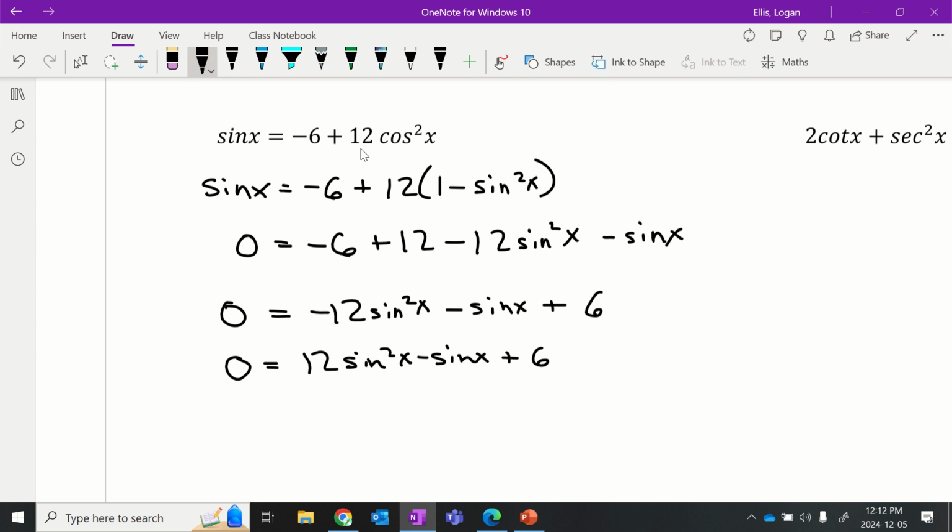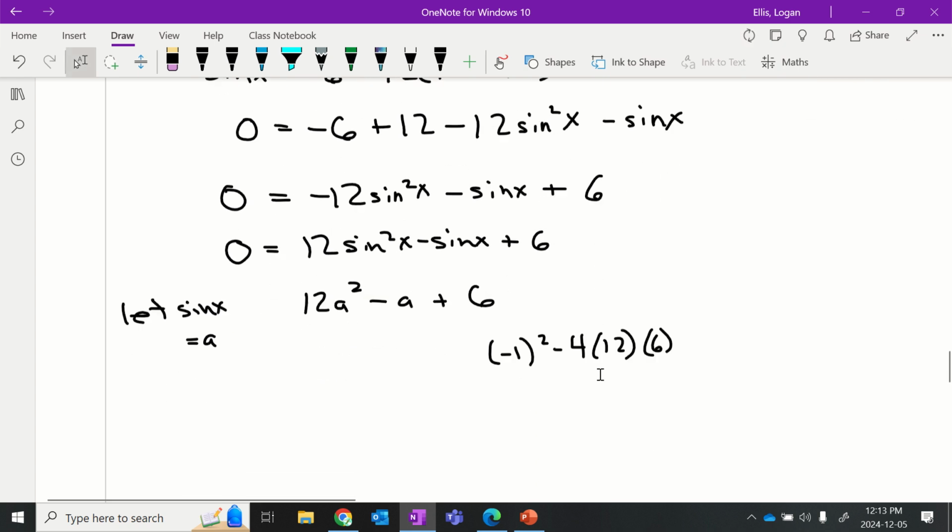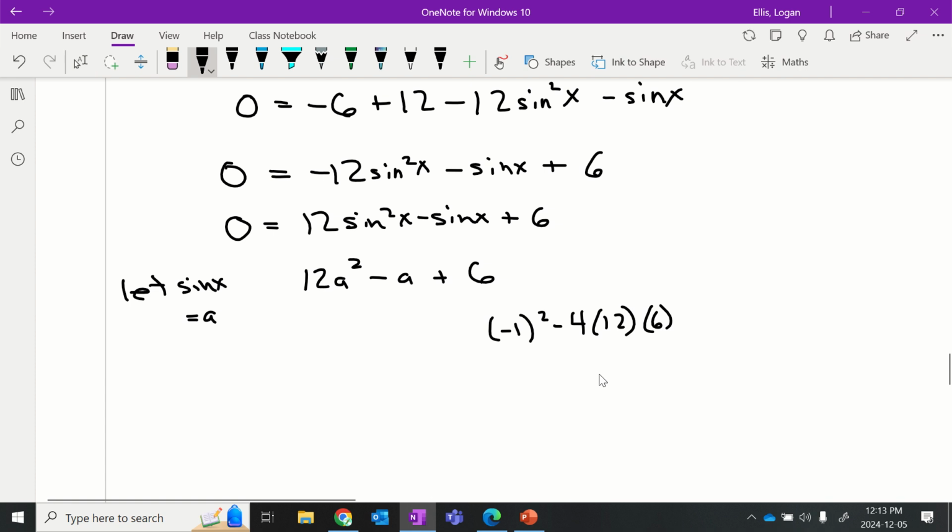Now, is this factorable? To not spend too much time humming and hawing, let me just see the... All right, as I looked it over, it is not, but the way that you'd figure that out, right, is 12a squared, so letting sine x equal a, 12a squared minus a plus 6, and then basically, right, you just need negative b over 2a, so negative 1 over, we need the b squared minus 4ac, so negative 1 squared minus 4 times 12 times 6, and is this positive or negative to figure out what our x-intercepts are, or how many of them there would be, right?